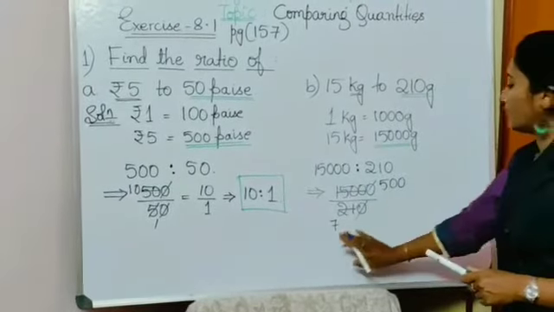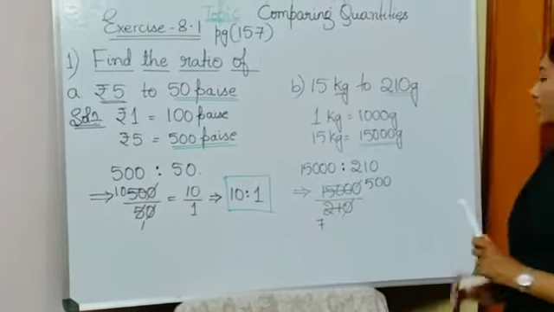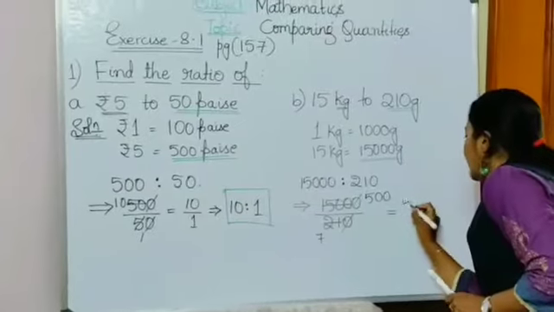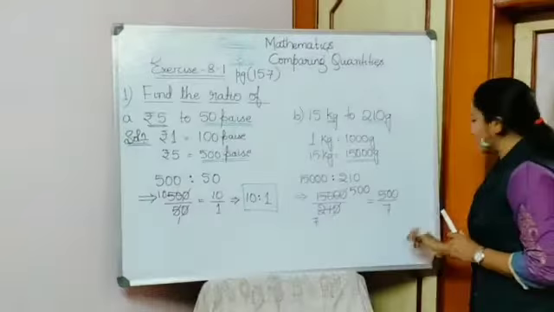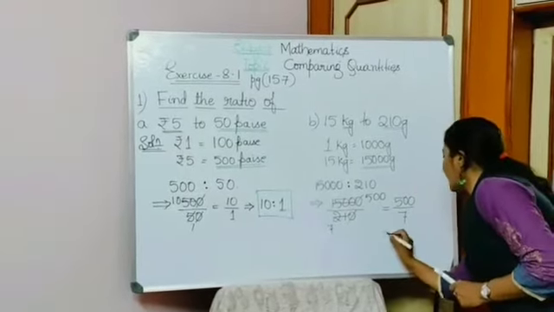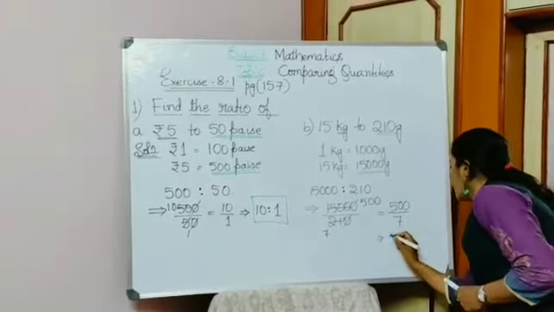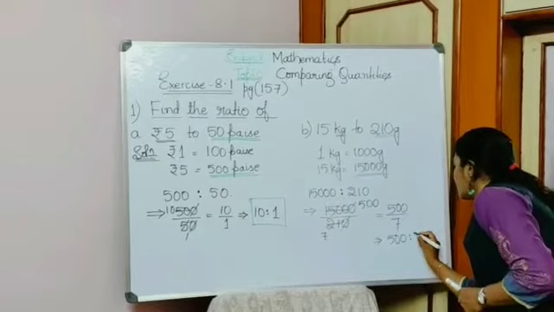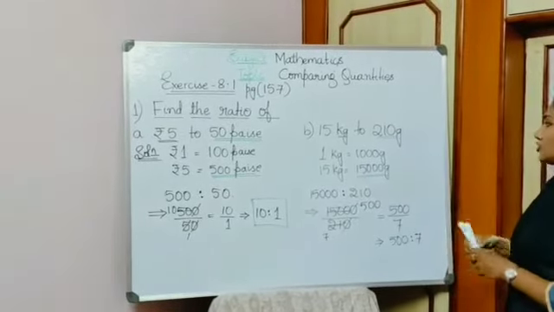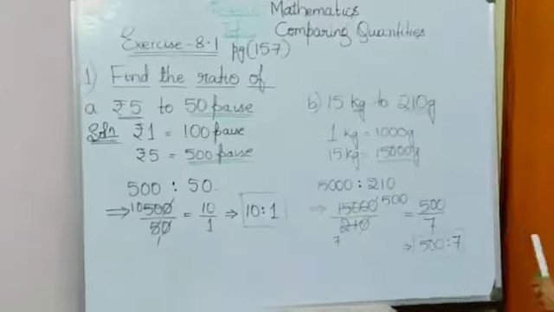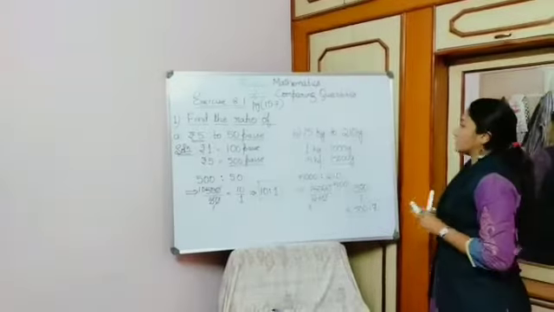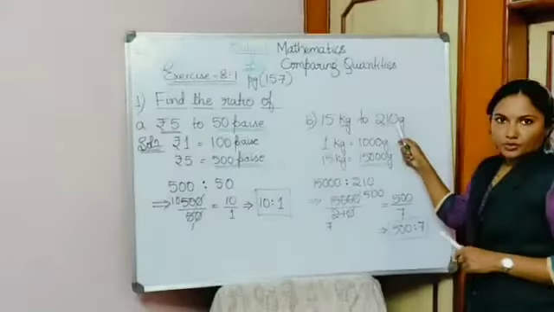So further 507 cannot be divided. We get the reduced form as 500 by 7, where the final answer is 500 is to 7. So this is the final answer for 15 kg to 210 grams.